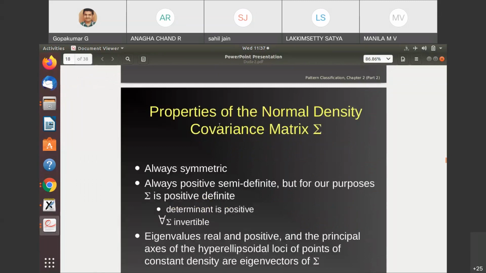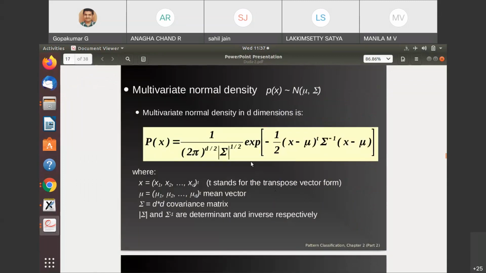And there are many properties of the normal density covariance matrix. If you look into this particular equation, the crucial thing that determines the different cases of this multivariate normal density is the covariance matrix.